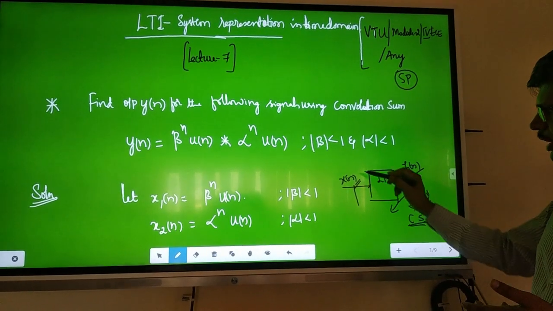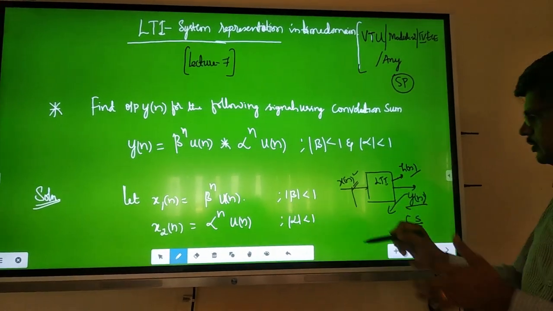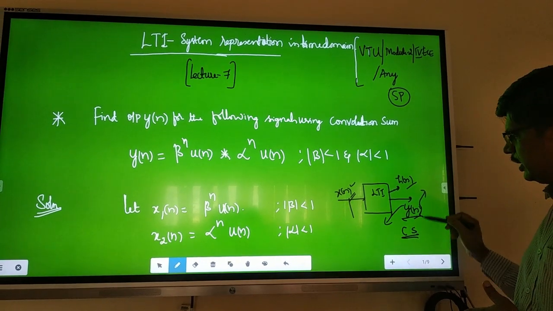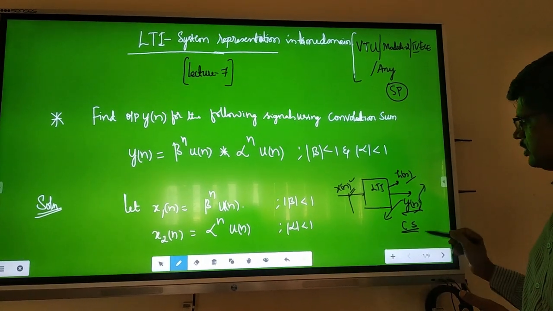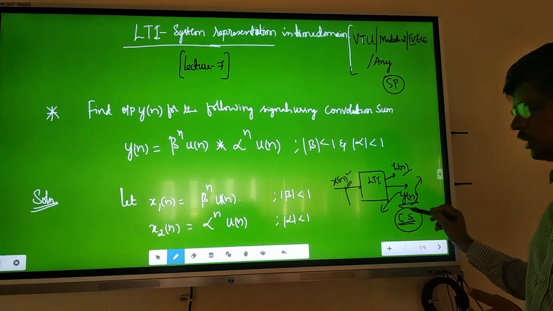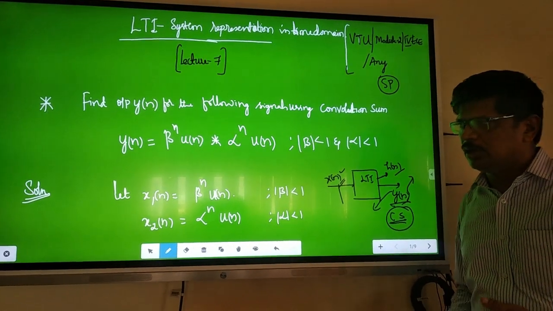If you apply shifted impulses as input, you get the output also in terms of shifted impulses, which is nothing but the convolution sum.